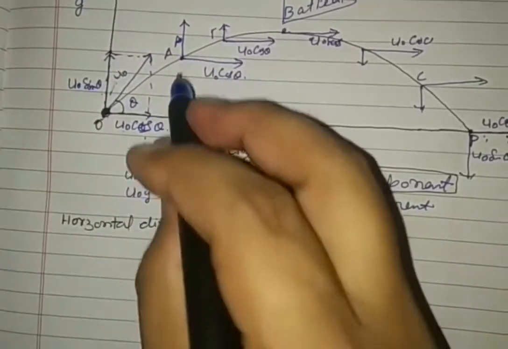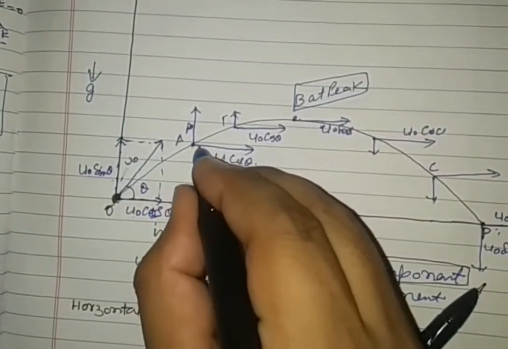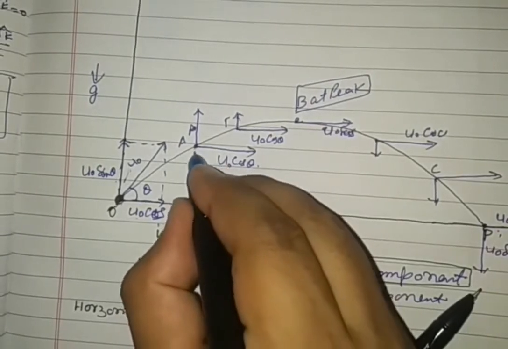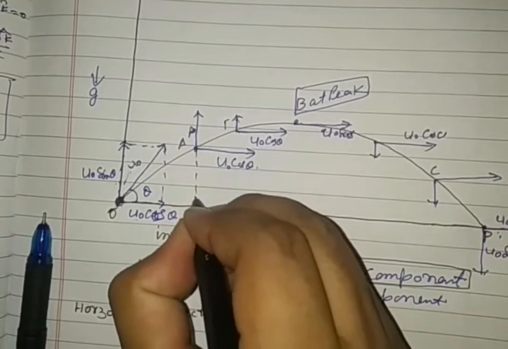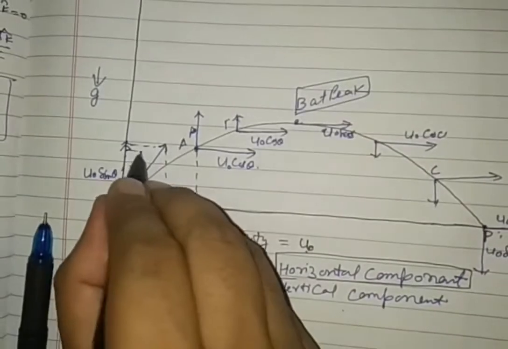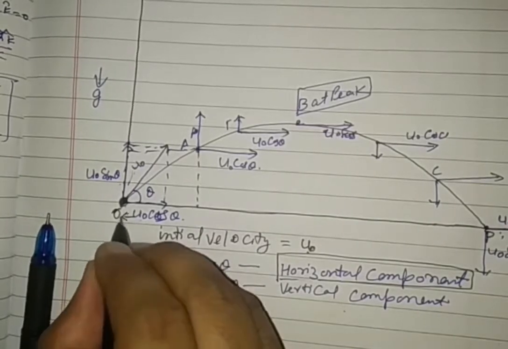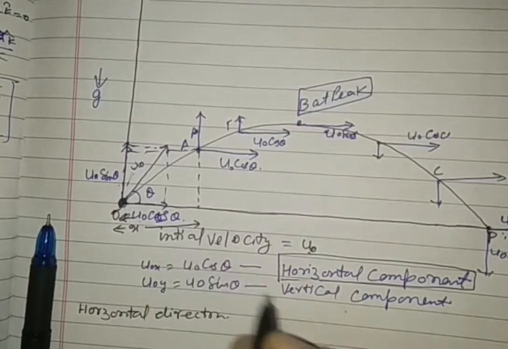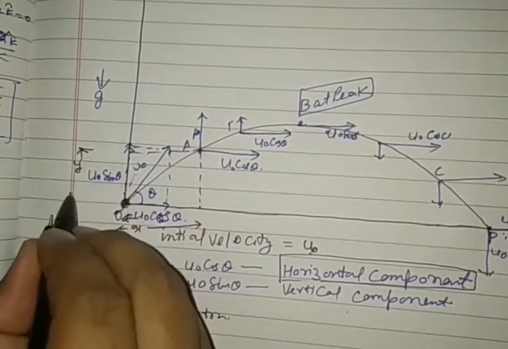Let the position of the body be at A. So now see carefully, everybody. At A, draw two tangents here. See here in the diagram, the distance traveled on the x-axis is x, suppose, and on the y-axis let it be y.